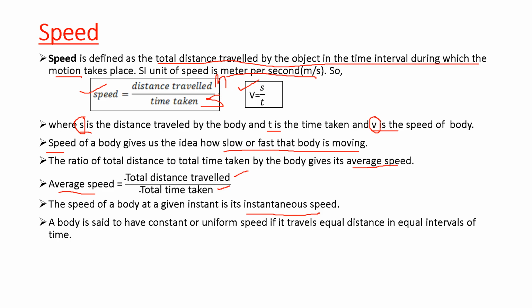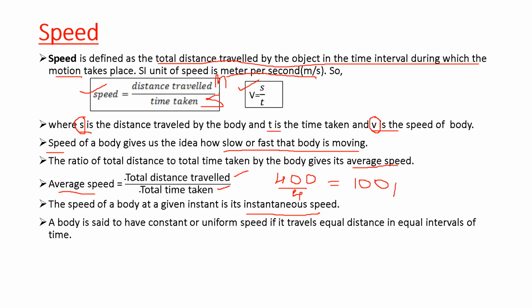Okay, let us say that you covered 400 kilometer in 4 hours. So the average speed would be 100 kilometer per hour. So the average speed of your car becomes 100 kilometer per hour.